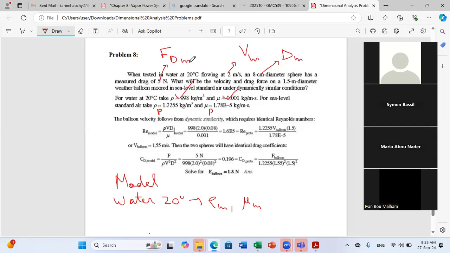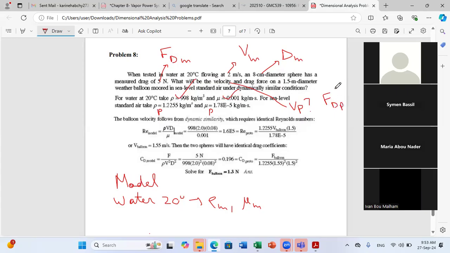According to these givens, the unknowns are the velocity and drag force in the prototype, so V prototype and FD prototype should be determined.